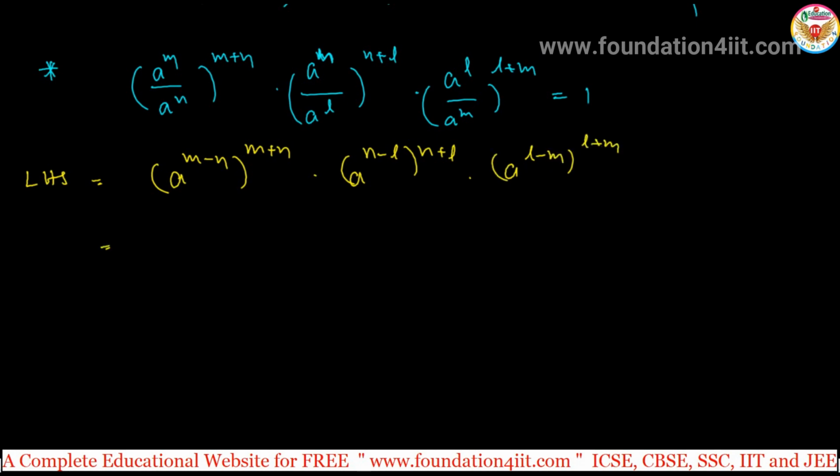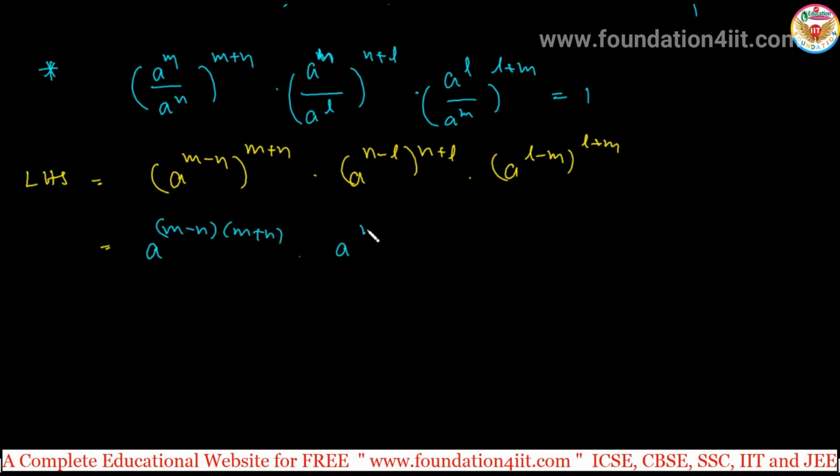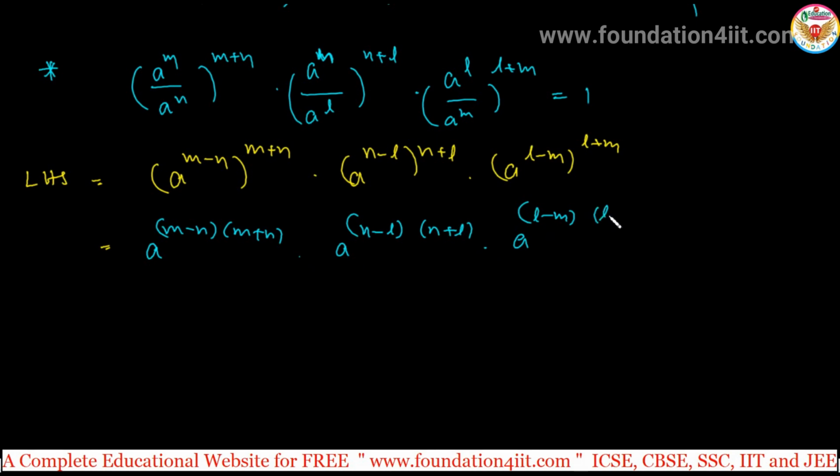Third formula, right? Here is the power rule. That means a to the power (m-n)(m+n), again a to the power (n-l)(n+l), and a to the power (l-m)(l+m).